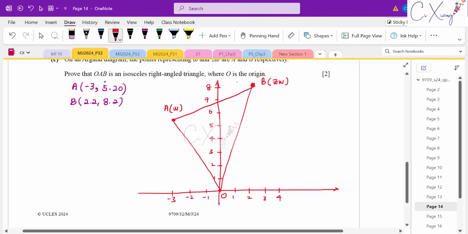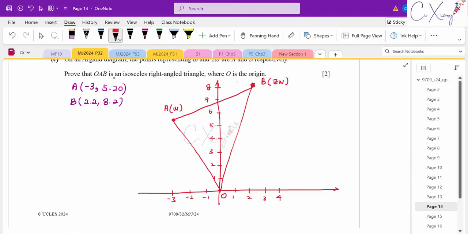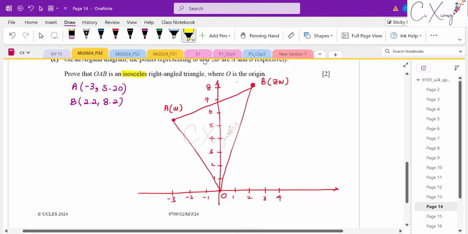Okay? Yeah, so this is what we have. So this is my triangle. And they want us to prove that this particular triangle is a right angle triangle and isosceles. So there are two important things that we need to prove. The first one is isosceles. The other one is right angle triangle.